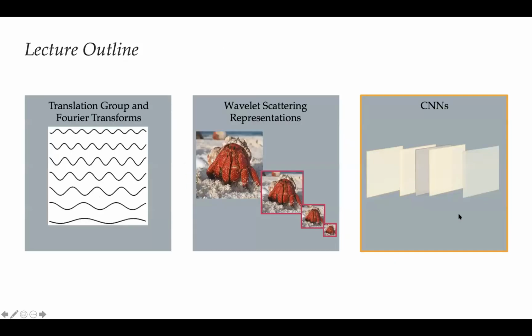And so this is really how one should try to understand the final contribution, the final push that convolutional neural networks are able to make relative to these principled multiscale representations.